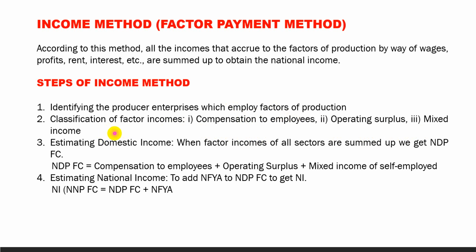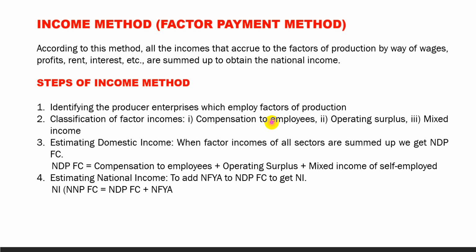What is compensation of employees? Compensation of employees refers to amount paid to employees by employer for rendering productive services. So it includes all payments and benefits which the employee received directly or indirectly from the employer.